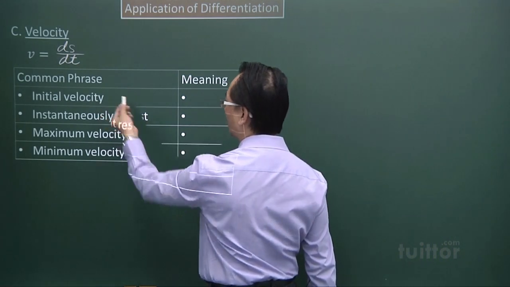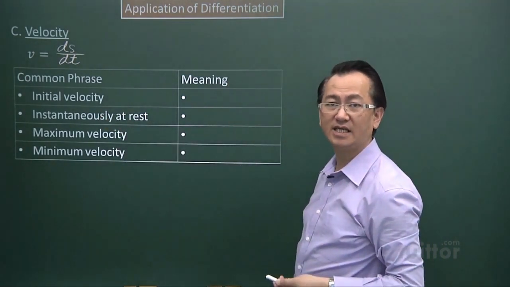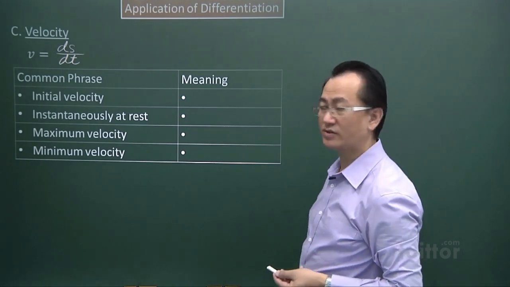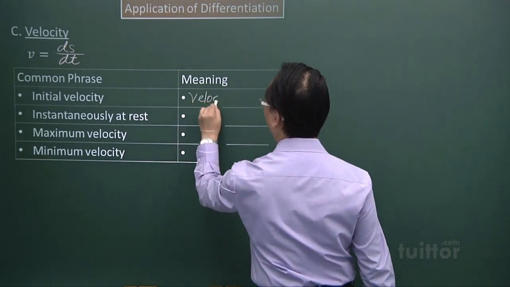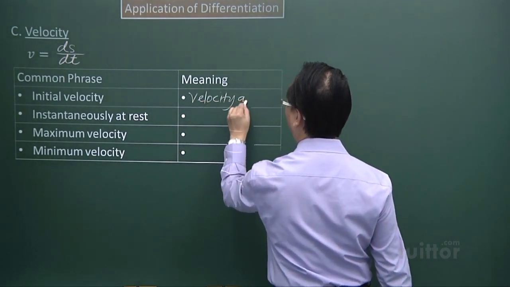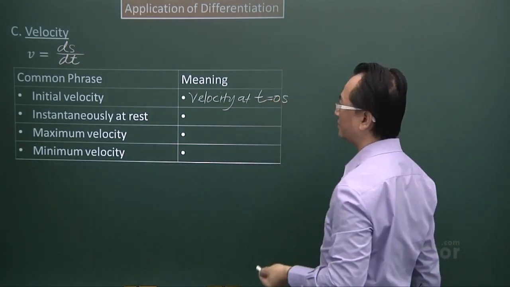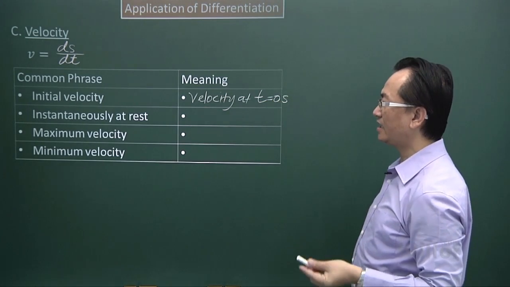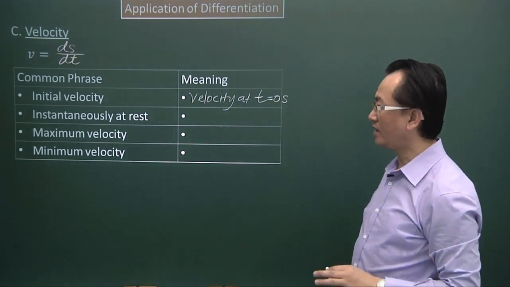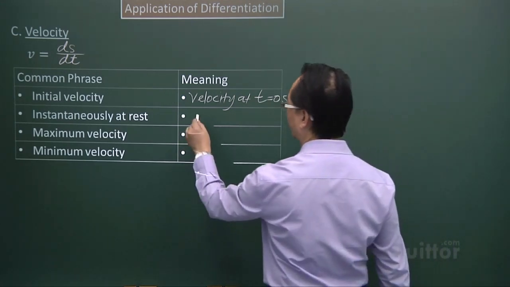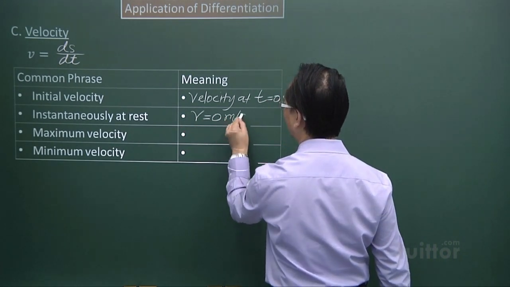The initial velocity, that is velocity at t equals 0 seconds. When we say a particle is instantaneously at rest, what it means is that the velocity is equal to 0 meters per second.